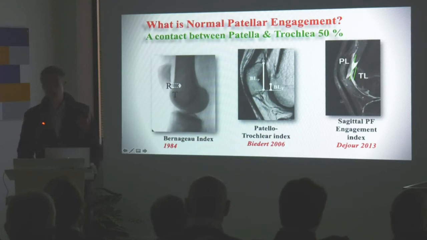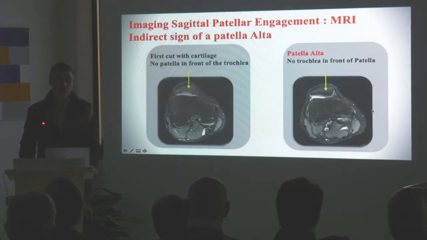So that's why we changed a little bit the way to measure this sagittal engagement index in 2013. And it's a good value to show if your patella is in the trochlea or not in the trochlea, even if you have a patella alta or not a patella alta. So you will see later why it is so important. So it is exactly that.